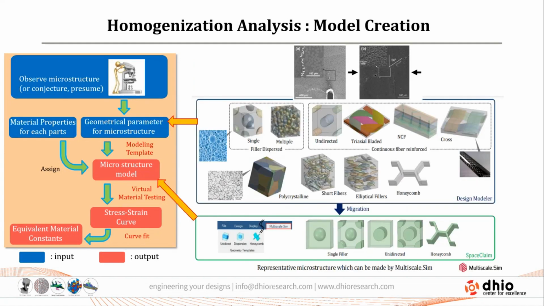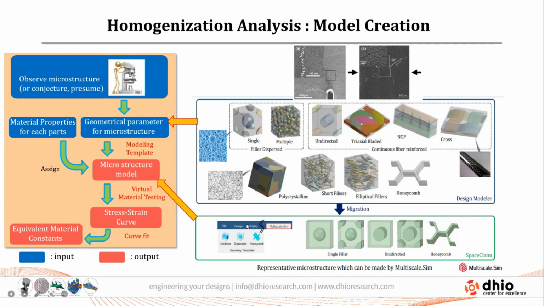few slides. These are the available microstructure templates for the composites, starting from a single dispersed one, multi-dispersed filler, the unidirectional one, the polycrystallines, short fibers, elliptical fillers, and honeycomb structures. Nearly 16 microstructural templates are available here.